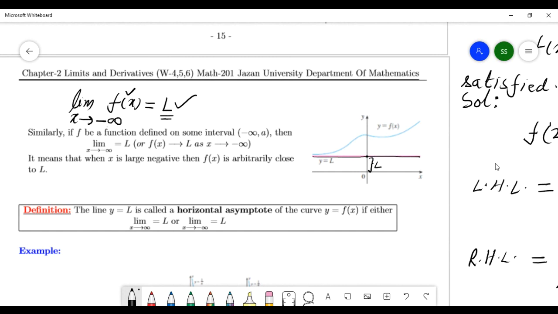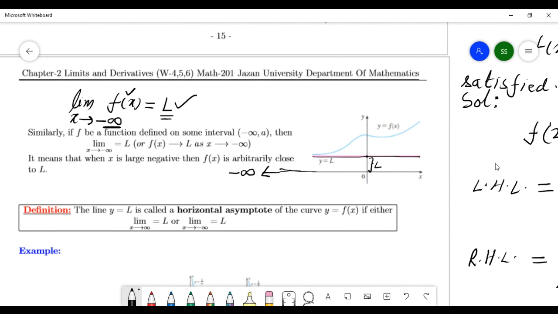And here x goes to minus infinity, so the function is going this way toward minus infinity.